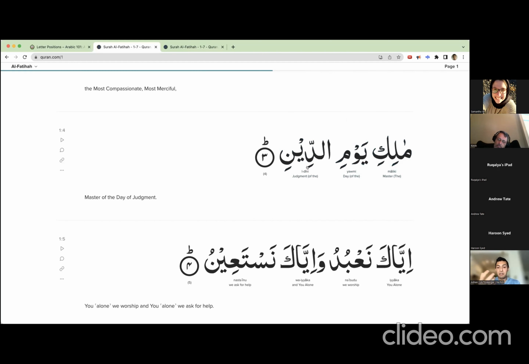Deen is payment of debts. Owner of the day of judgment. So it's a triple, three words in line together. Now, Yaumi, because it's of the day, Yaumi is in the genitive case as well. And of judgment, Deen is also in the genitive case. But the only word that has the al is the last word again.